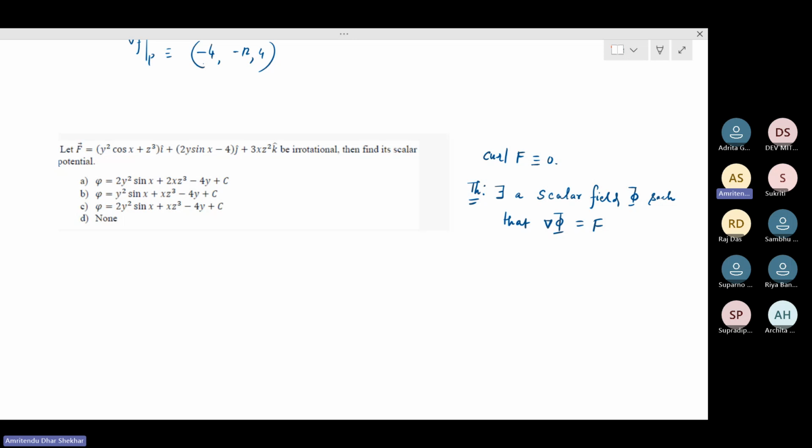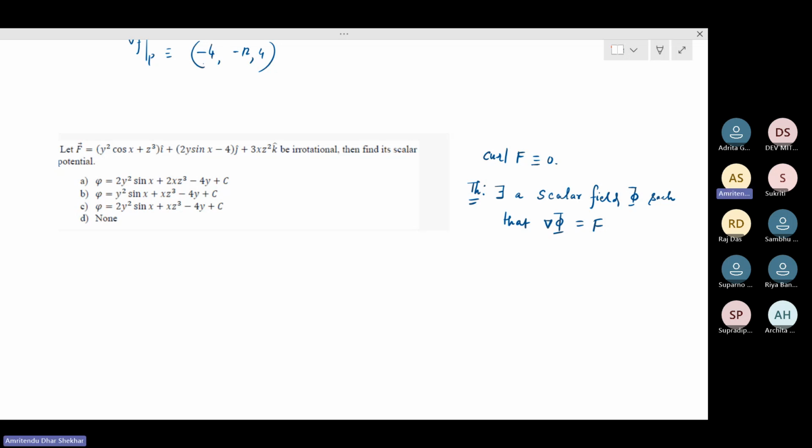The electric potential, as we discussed, is a scalar field phi for which the gradient of that scalar field is equal to the corresponding force field. So this is in general a theorem: if a vector field satisfies the property that curl of f is equal to 0, then that vector field necessarily comes from a scalar field.